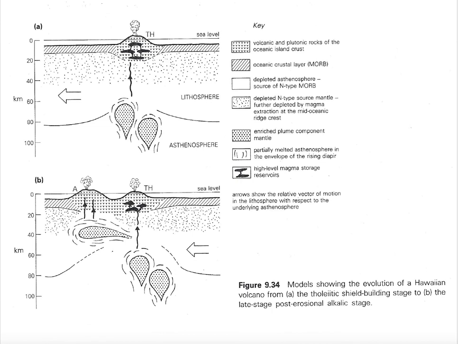And here the two plumes are coming with the enriched plume component from the mantle, which was fed by old remnants of subducted slabs hanging around at the 670 kilometer boundary and breaking in periodically into the lower mantle.